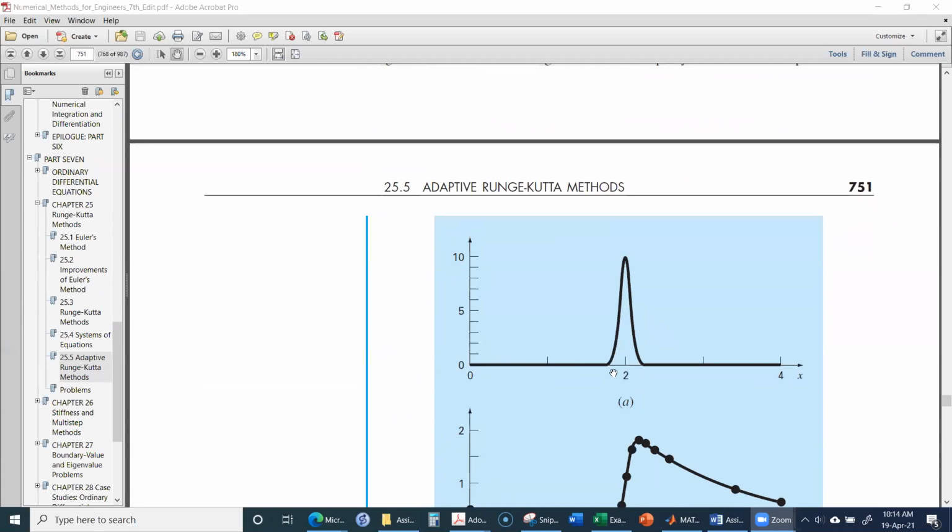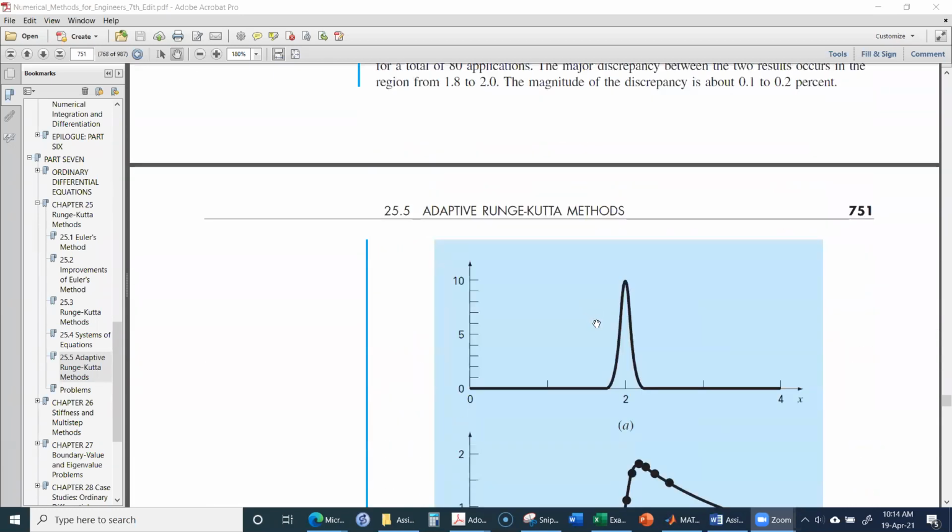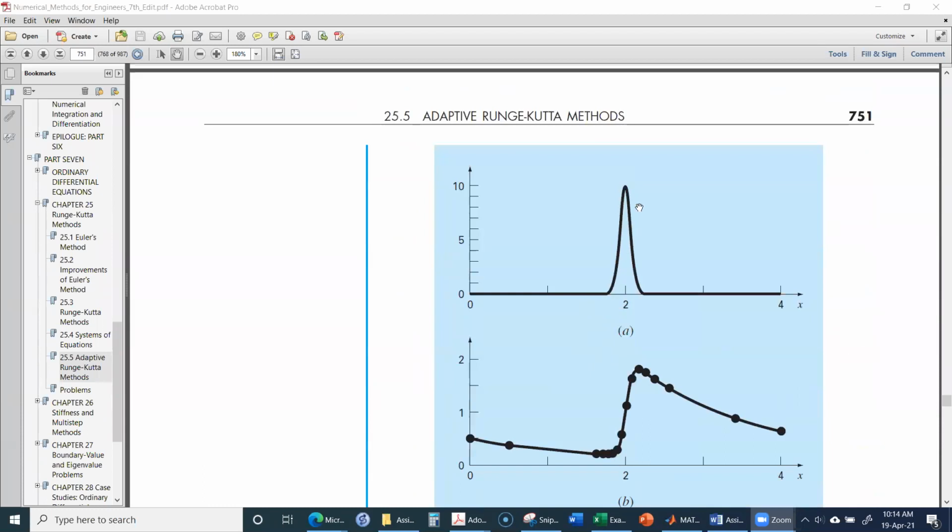But for some values of x near x equal to 2, this curve suddenly increases. This can be represented as a sudden force application during a very short period of time, kind of like an impulsive force.